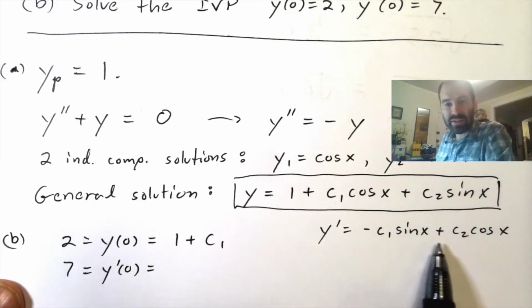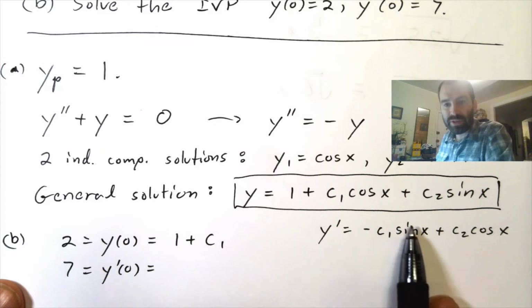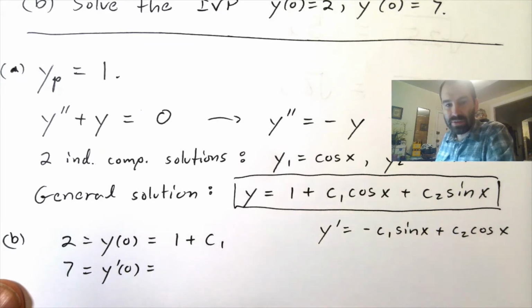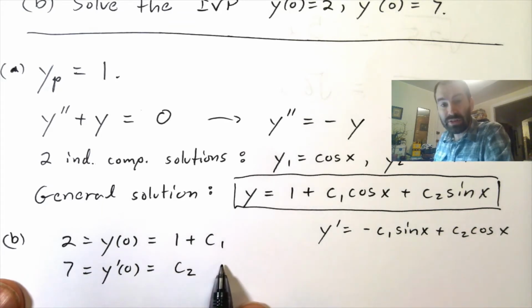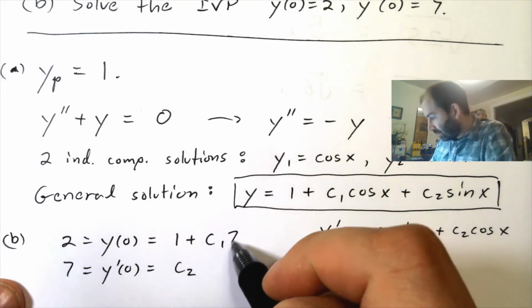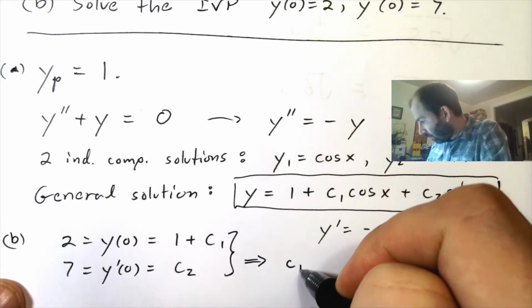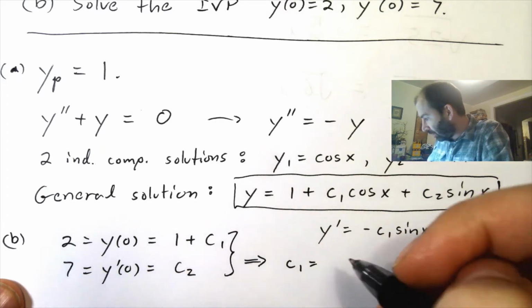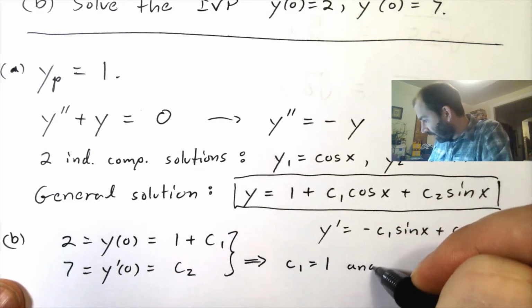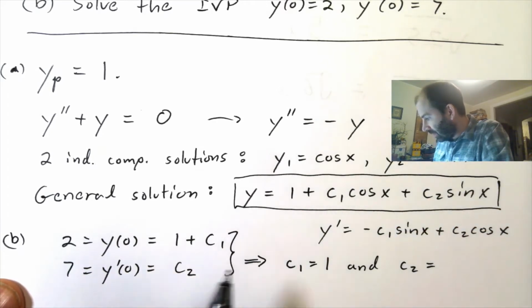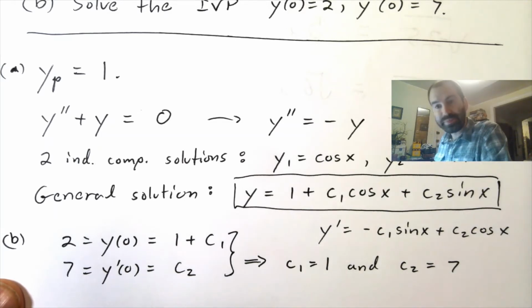When I plug in 0, what do I get? Well, this is gone. I just get C2. All right, well, I can find C1 and C2, can't I? This stuff tells me that C1 equals, just subtract 1 from both sides, 1, and C2 equals 7.